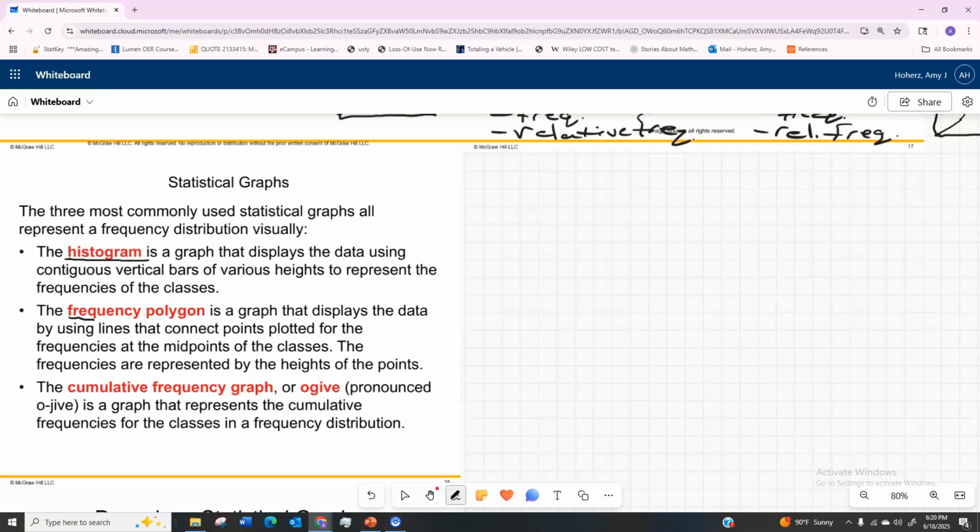A frequency polygon is a graph that displays the data by using lines that connect the points. And the cumulative frequency graph, the old term for an ogive, is a graph that represents the cumulative frequencies, gathering up how many we have from the upper boundary of that class backwards to the lowest class.